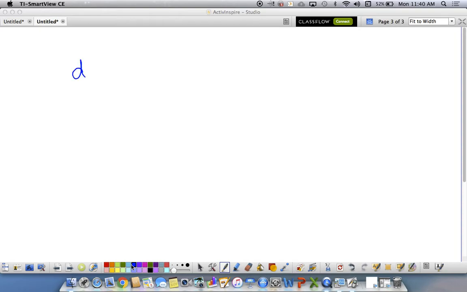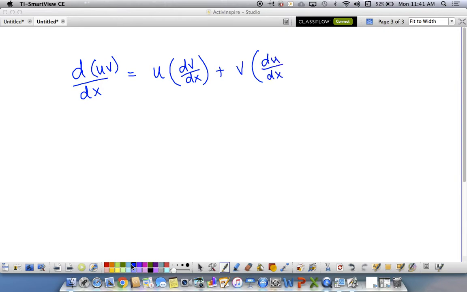I like the function, the derivative of uv with respect to x, equals, so this was what I wrote yesterday, u times the derivative of v, dv dx, plus v times the derivative of u.